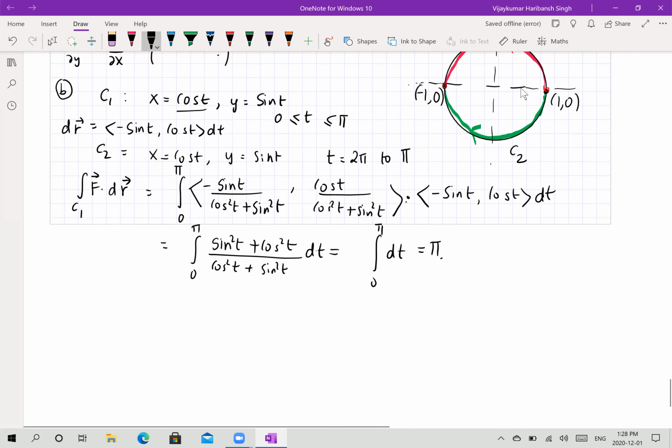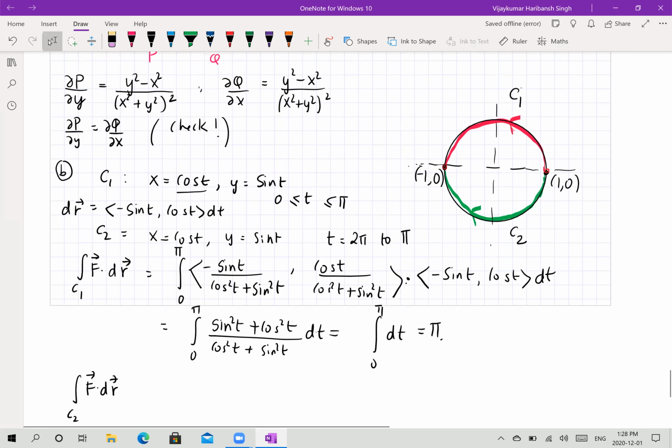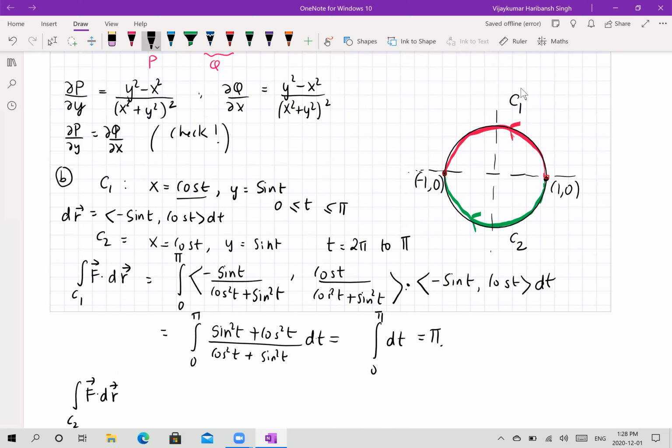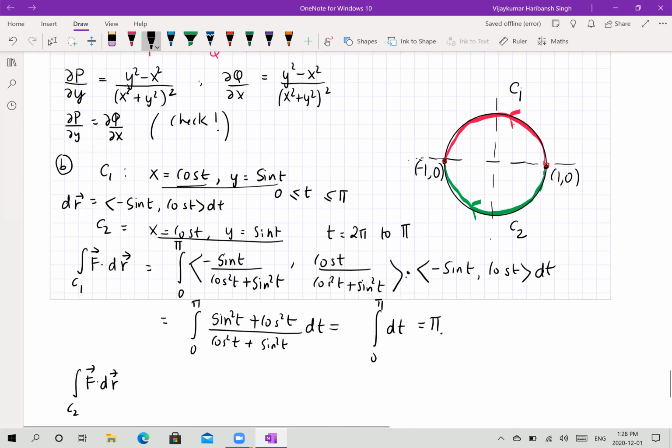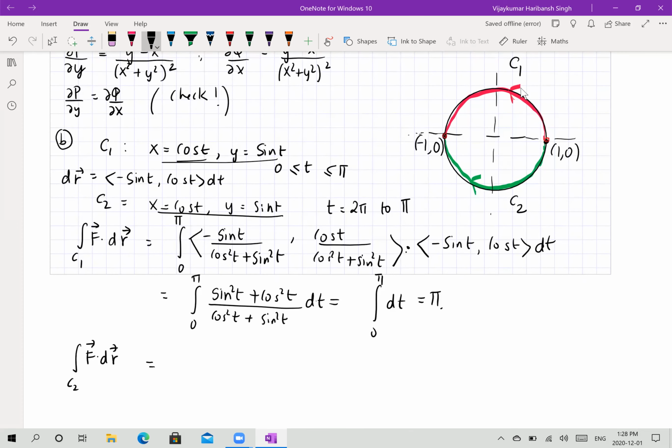Now let's look at the integral along C2 of F dot dr. So the parameterization remains the same, right? Because we have cos t, sine t. So the only thing which will be different here will be from 2 pi to pi of 1 dt, which is going to be minus pi.